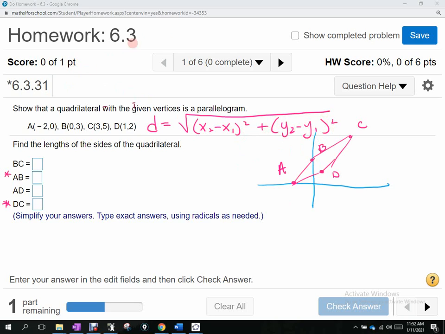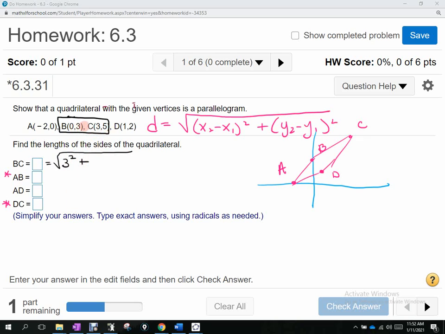So when I'm looking at BC, finding the length of BC, I'm going to use the points B and C. I'm going to subtract their x's. So if I subtract their x's, I get 3. And then I'll square that.